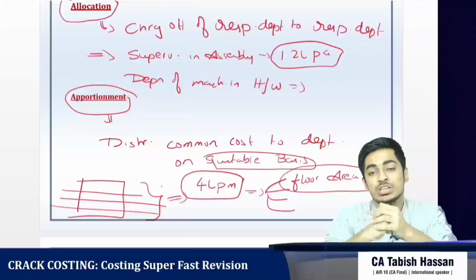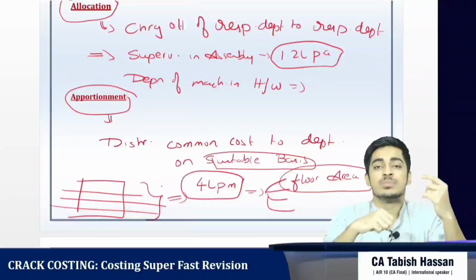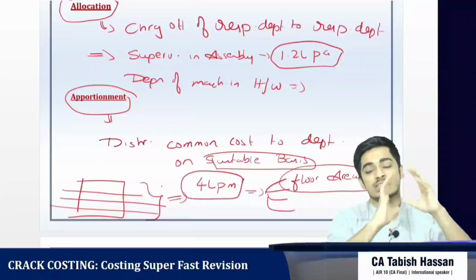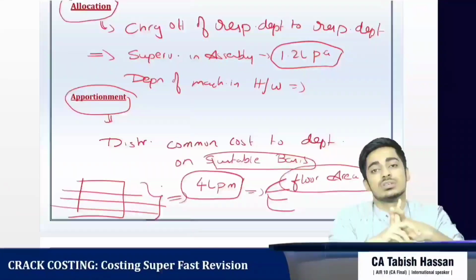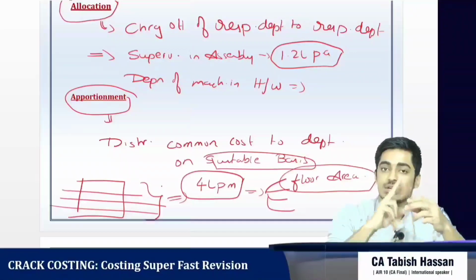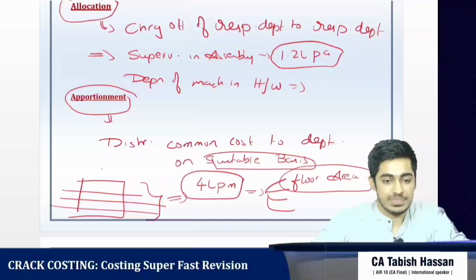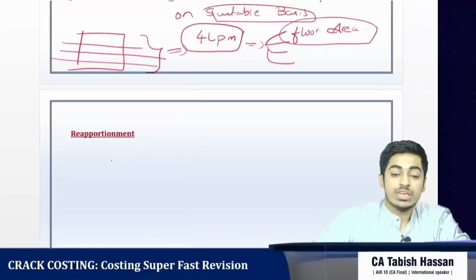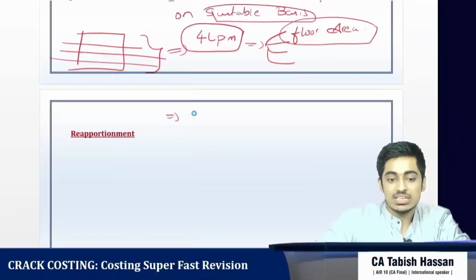So how do we distribute it? We can distribute it based on the number of light points. Again, on what basis to apportion the cost? Data would be given in question, and we have to use common sense to apportion it properly. That's what is apportionment. So allocation plus apportionment together is called primary distribution.